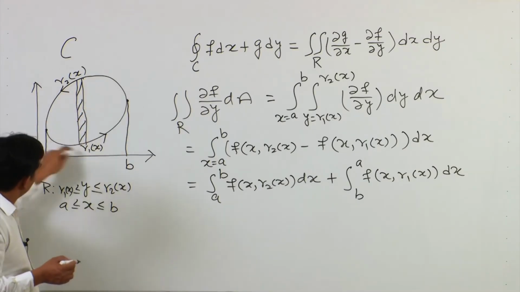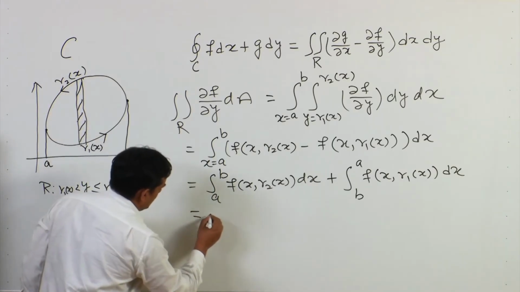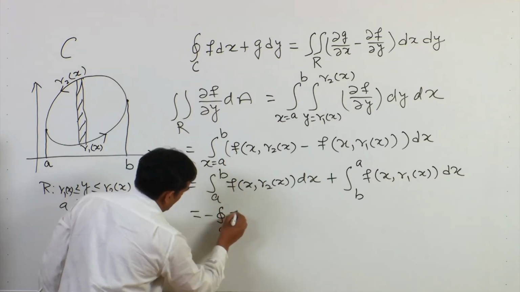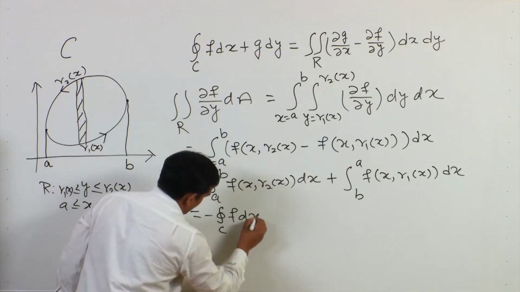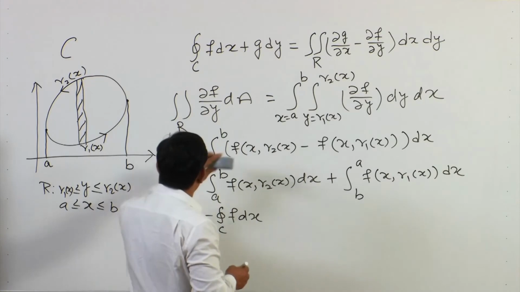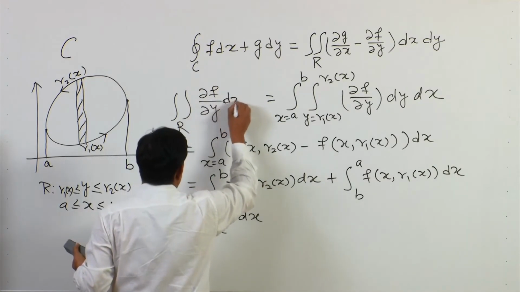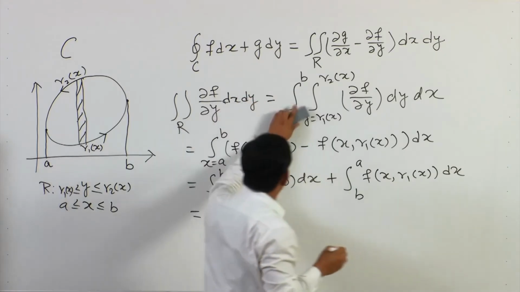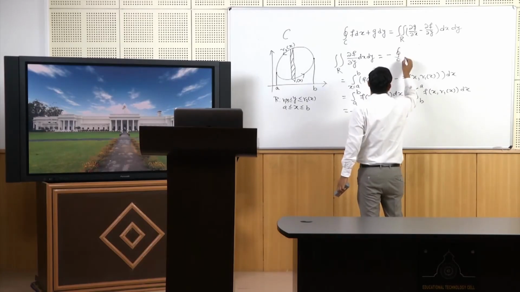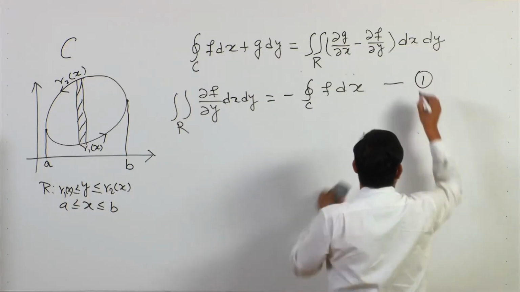So, I am completing this closed curve, but in the clockwise direction. It means this is equal to the integral over C of minus f dx. So, I obtain that the double integral of del f over del y, dx dy, equals minus the integral over C of f dx. Let us say this is relation number 1.